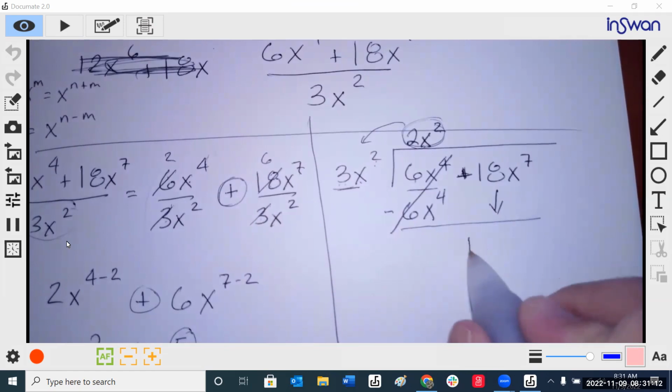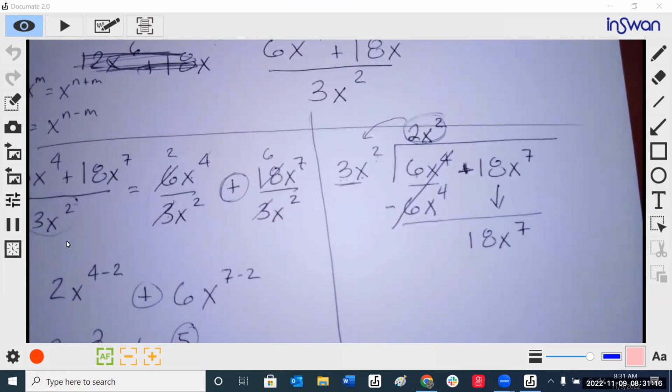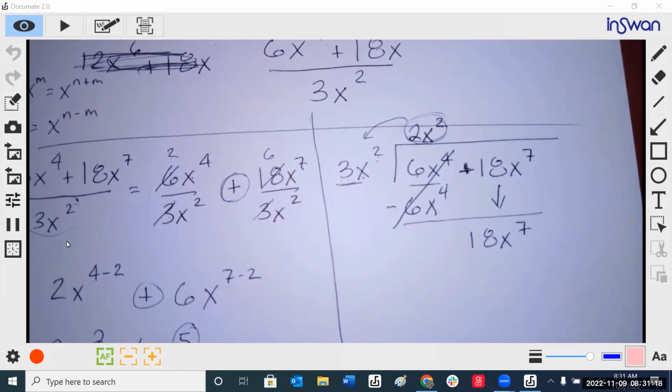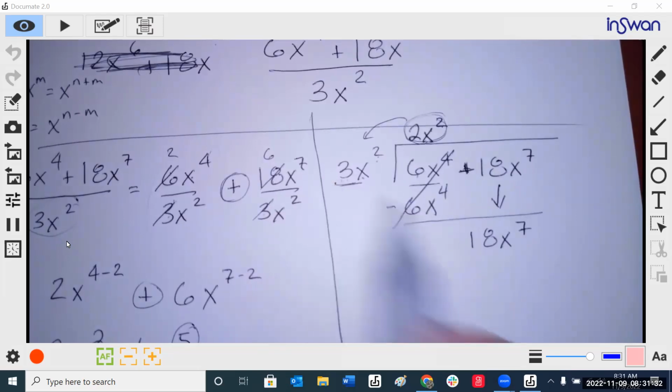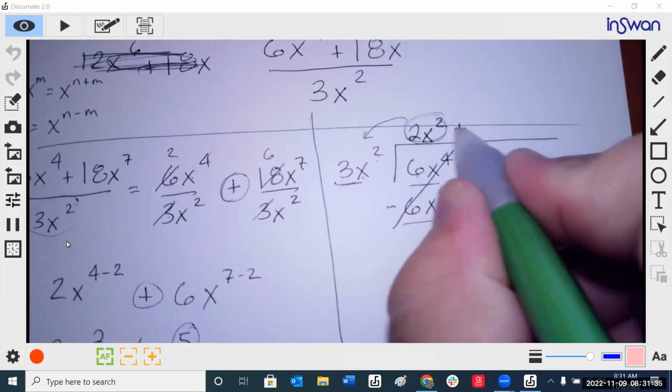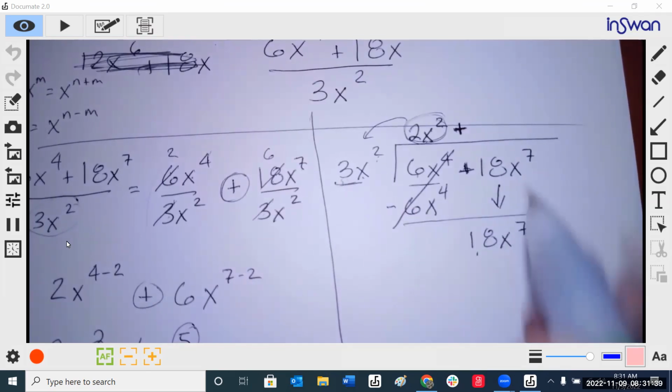Bring down whatever you have left. What sign do we need next? Positive to positive, it's positive. What times 3 gives me 18? 6.